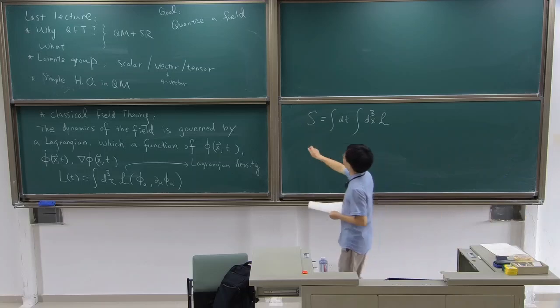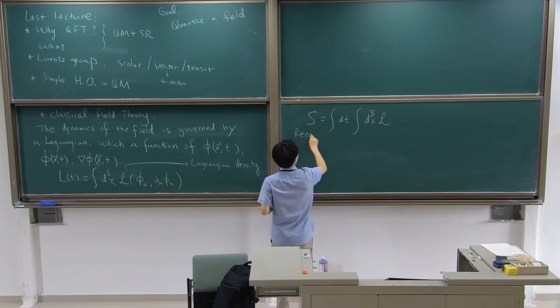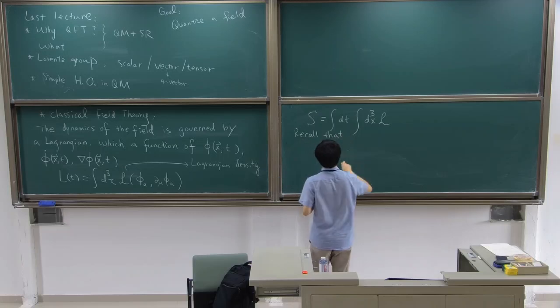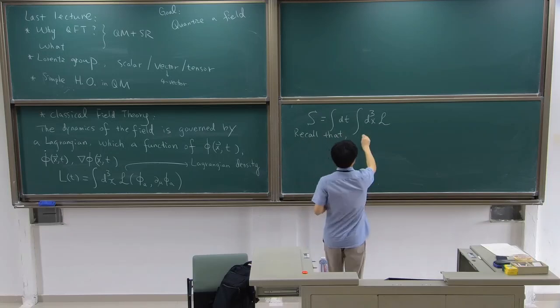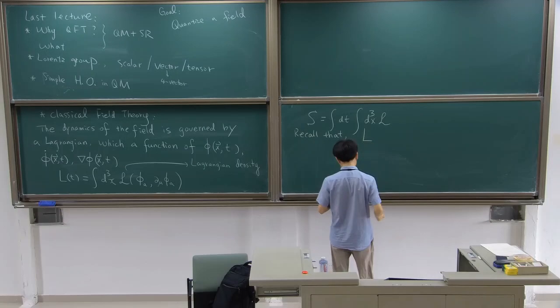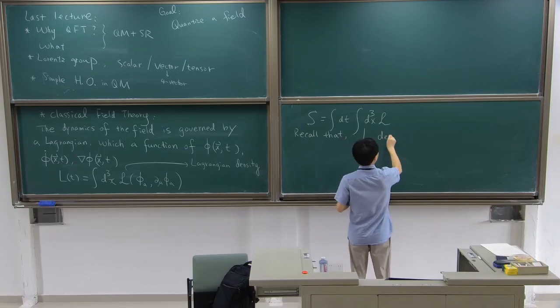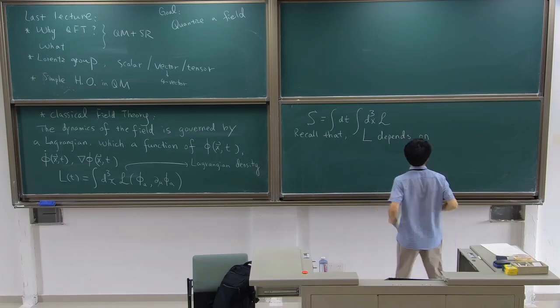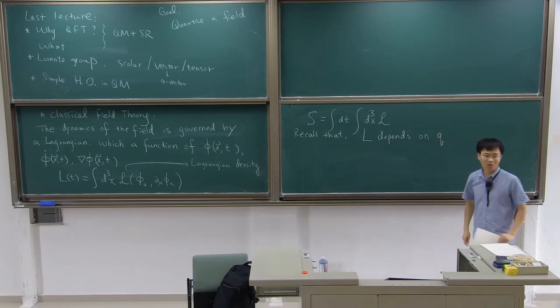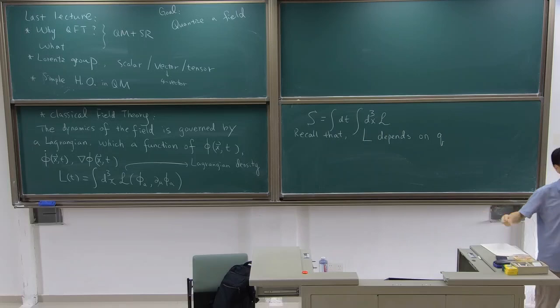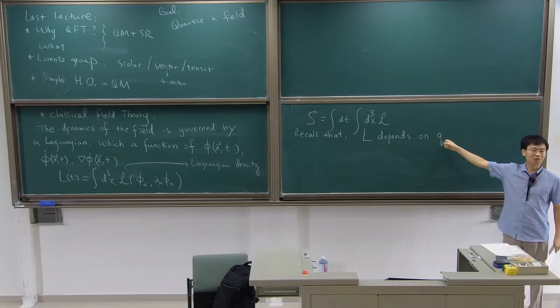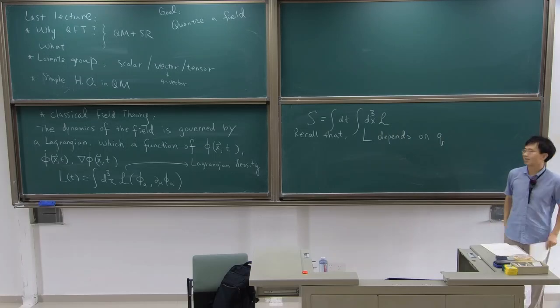So as you might remember, in classical mechanics, the Lagrangian L depends only on, let's say, Q, P, right? P is conjugate to Q, Q dot, something like that. It's represented as a classical variable, or dynamical variable in classical mechanics, right?